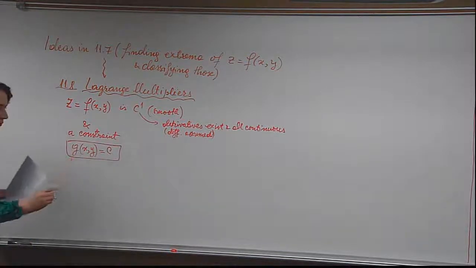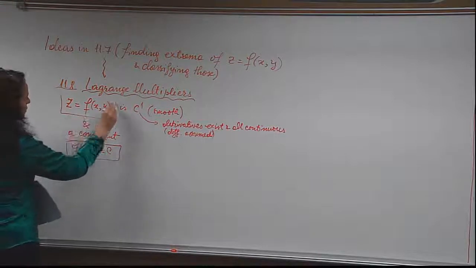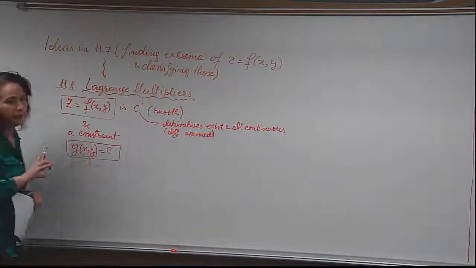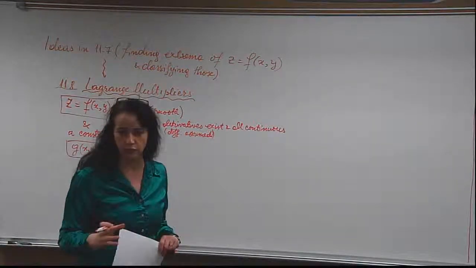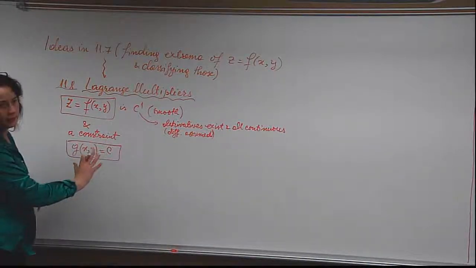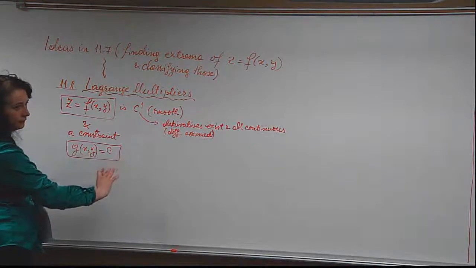You remember we talked about constraints last time on Tuesday as well. So practically x and y are bound to be together by some sort of agreement, contract, marriage. They depend on one another. They cannot leave this constraint.